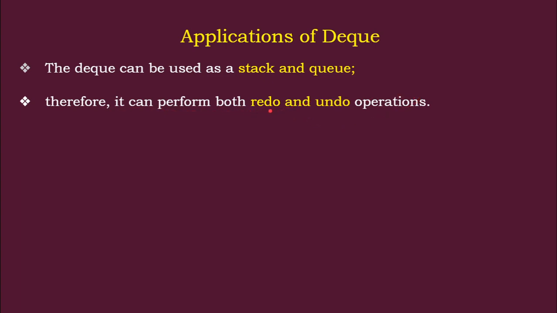Normally, redo means repeatedly doing the same task. We use it in all the MS Office packages. We apply the Control Z function to undo any operation, and you also use the redo operation.